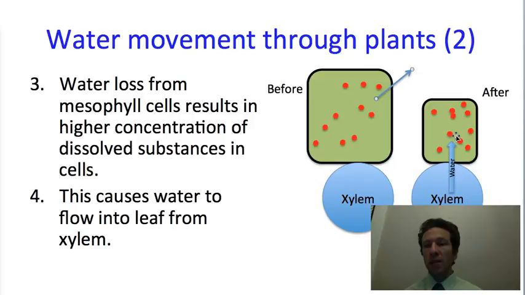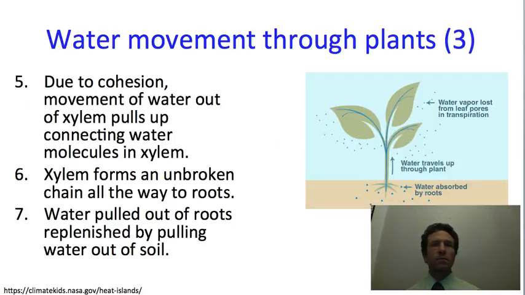So the upshot of this is that as water leaves the cell to evaporate away through the stomata, we are going to have that water replaced by water from the xylem. Remember, the xylem is the system of vasculature that primarily moves water as well as dissolved minerals. So water is moving from the xylem into this leaf cell. We're going to follow up with what happens to that on the next slide.